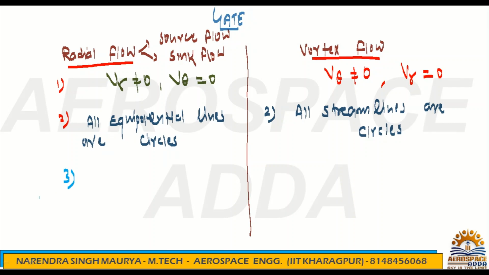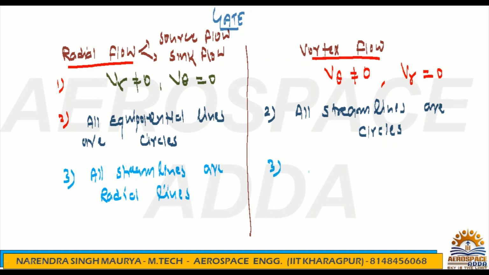Third point: in case of the radial flow, all streamlines are radial lines.